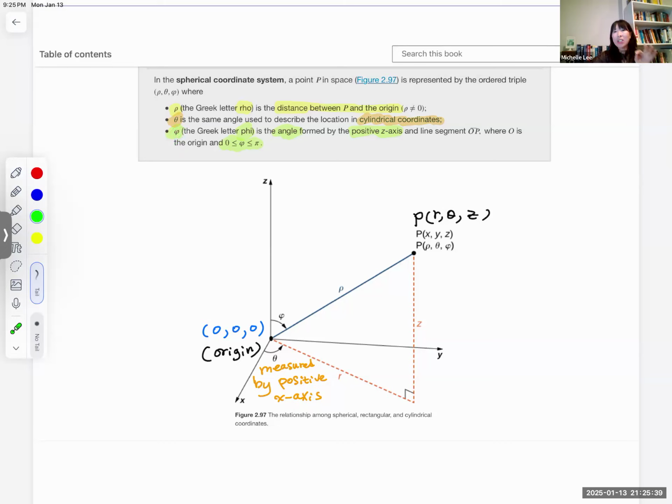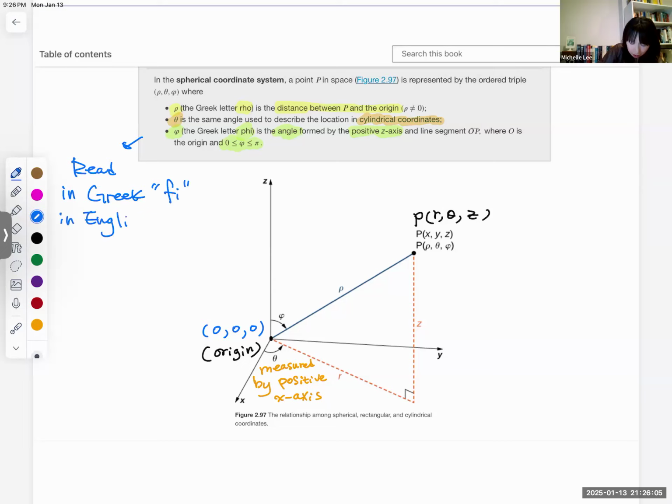In Greek it's read one way, but in English they read it phi. I'll just write the pronunciation, okay?